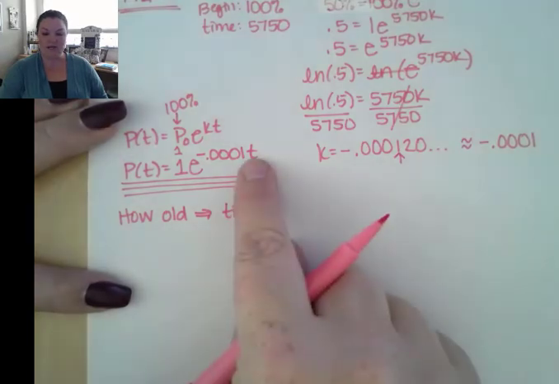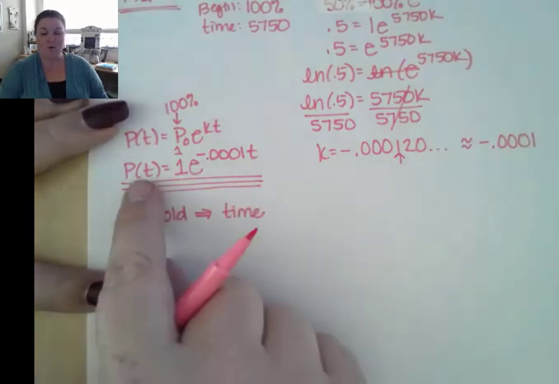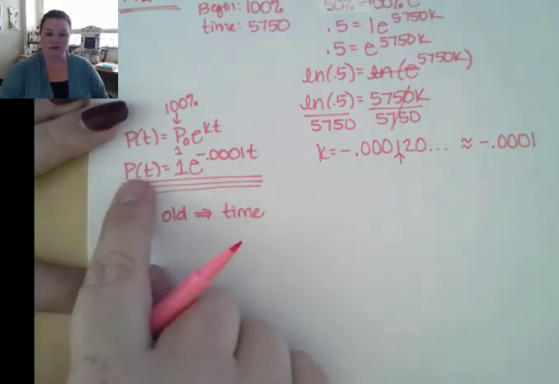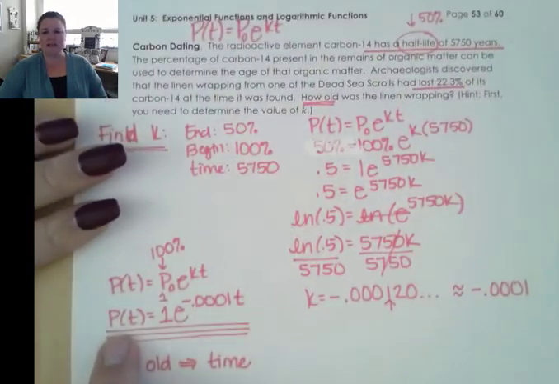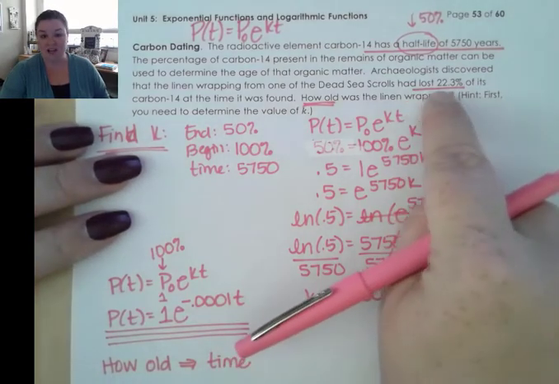So if we know the time, that means that the only thing we don't know, or the thing we should know, right, if we're solving for time, is the end amount. So our end amount is how much carbon-14 is present, okay? Now it doesn't tell us how much carbon-14 was present. It tells us how much carbon it lost.